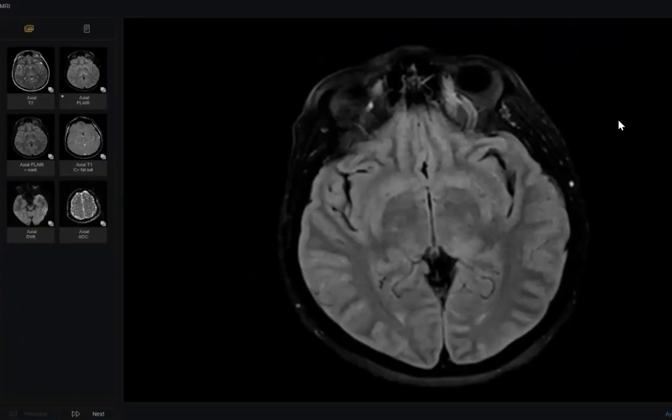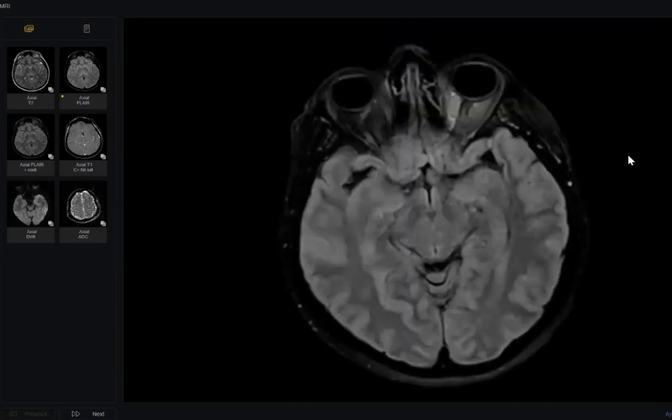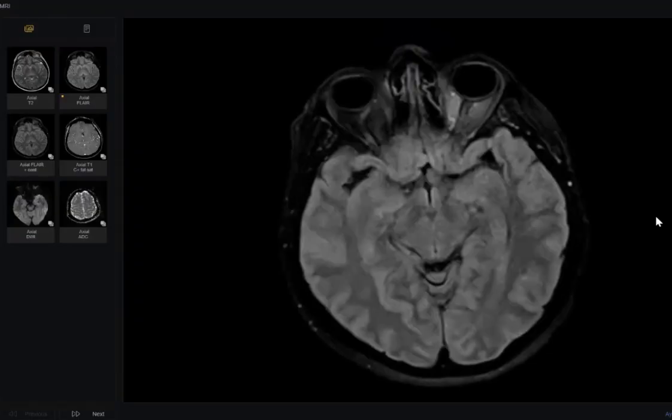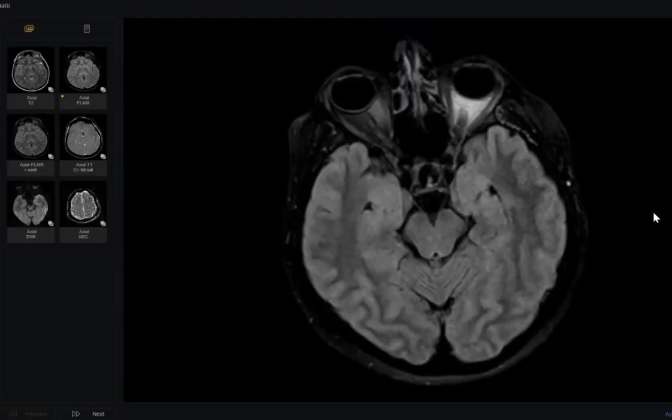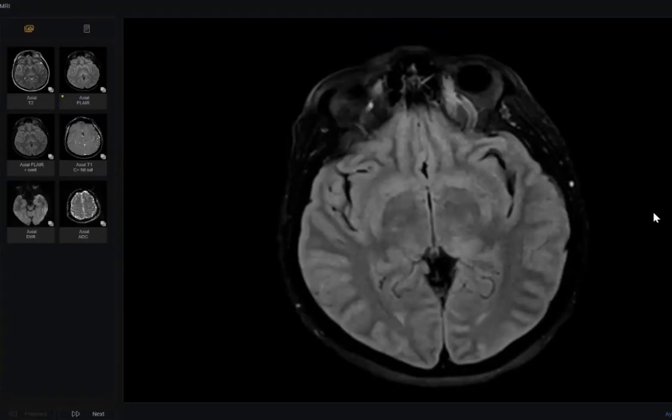This patient has fever. As the patient has a fever, I think there is abnormal signal noted in the temporal lobes, and it doesn't show any diffusion restriction.